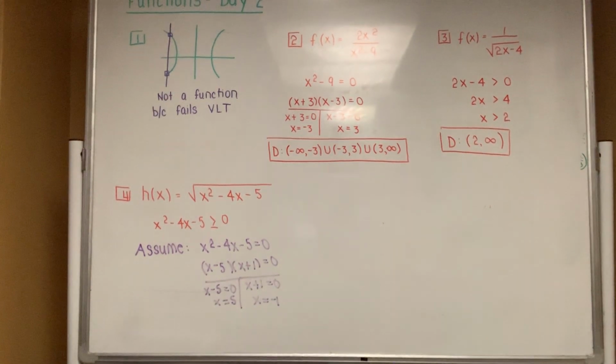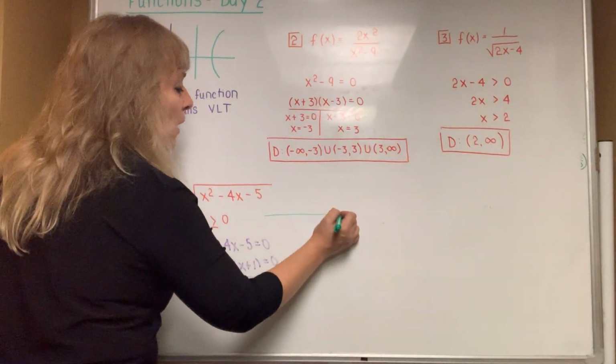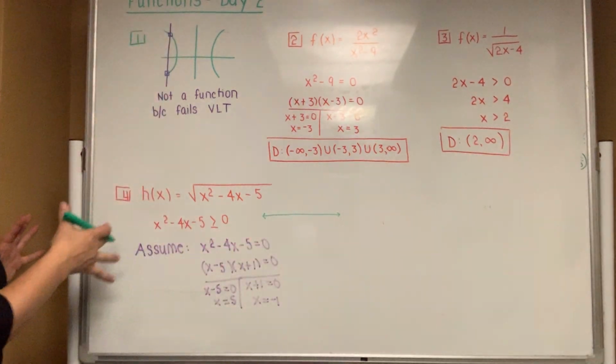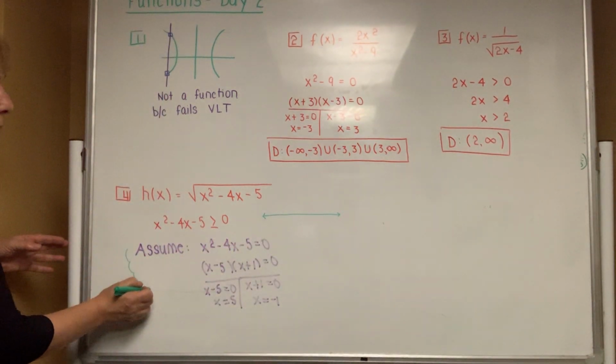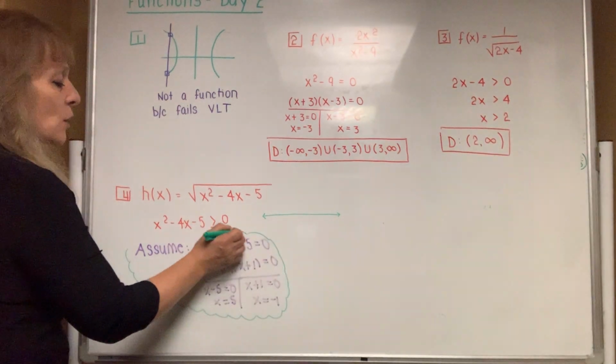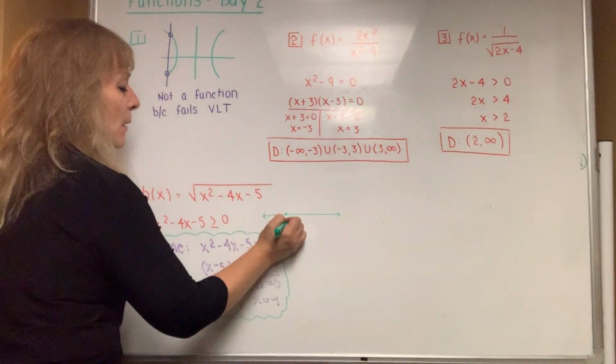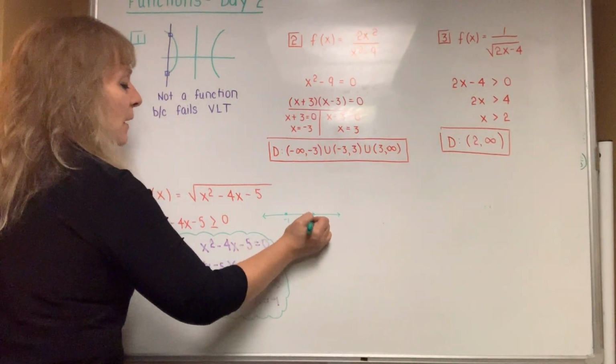But remember, you were never asked to solve the equation. You were asked to solve the inequality. And inequalities always get solved on a number line. So whatever values you got in purple for the equation, those are the numbers that go on the number line. I'll put my -1 here, and I'll put my +5 here.